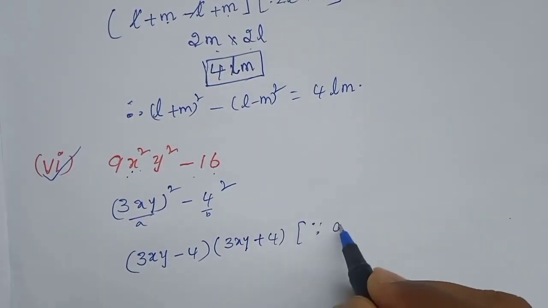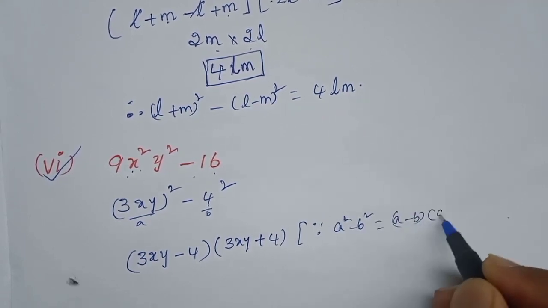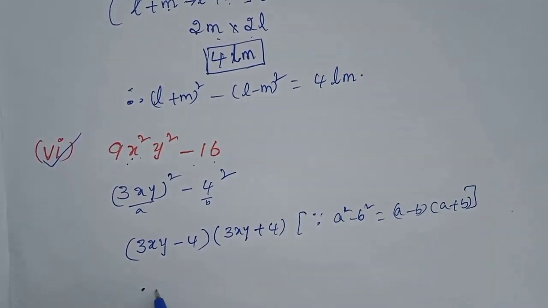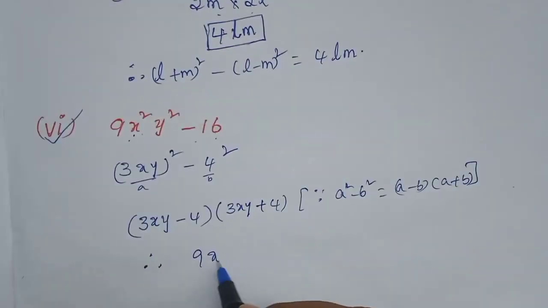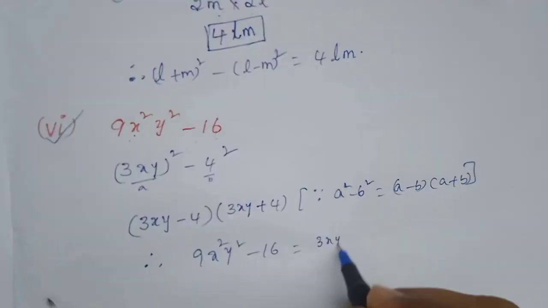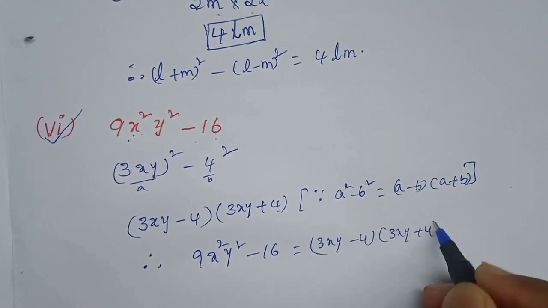Because of the identity a square minus b square is equals to a minus b into a plus b. So see, simplification inkem ledu. So therefore this can be written as 9 into x square y square minus 16 is equals to 3xy minus 4 into 3xy plus 4.